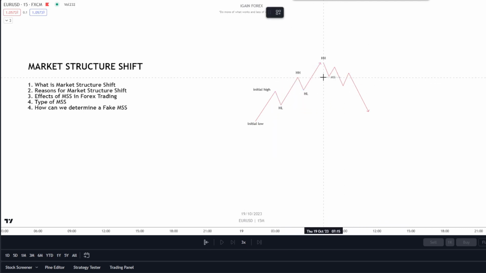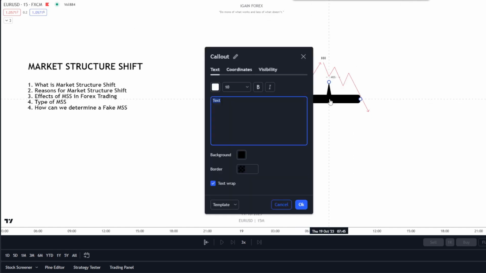This is what I use in one of my trading strategies to get a sniper entry. As you can see here, we have this higher low, but our market structure shift happens above this higher low. Okay, so this is my second type of market structure shift, this internal market structure shift.